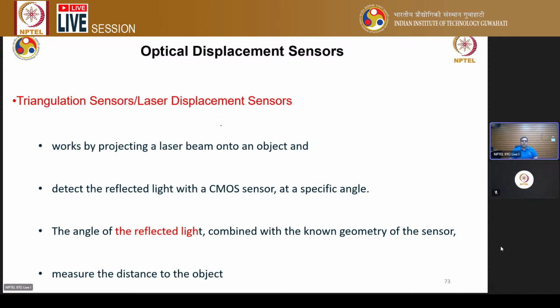The idea of this triangulation sensor is to project a laser beam onto an object and detect the reflected light with a CMOS sensor at a certain angle. The angle of the reflected light combined with the known geometry of the sensor measures the distance of the object.